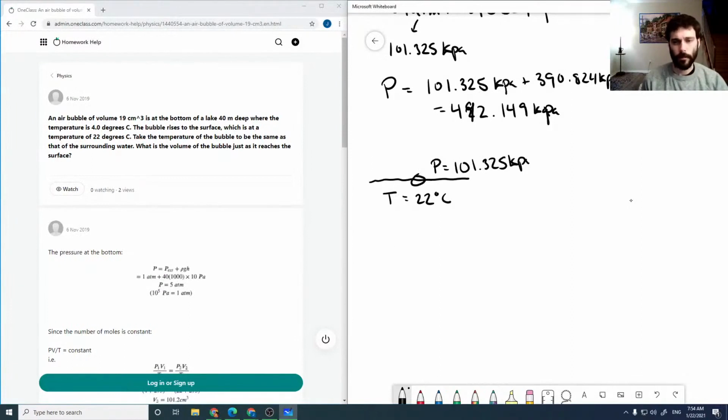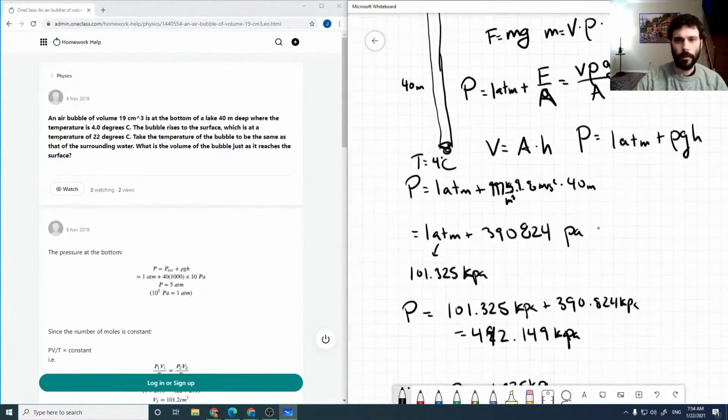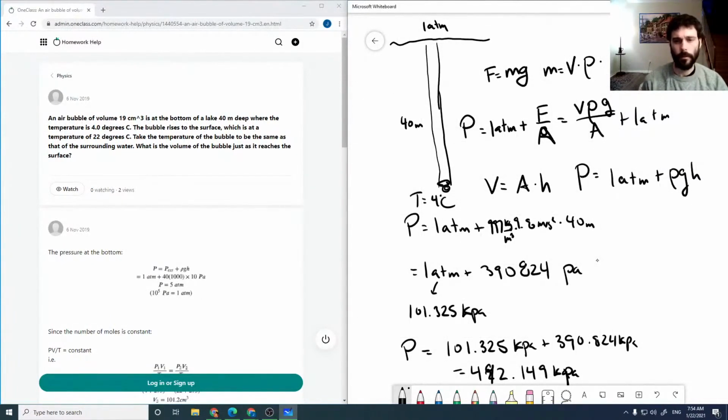And so it asks what is our volume in this case. We are given in the question that our volume initially is 19 centimeters cubed. Okay.